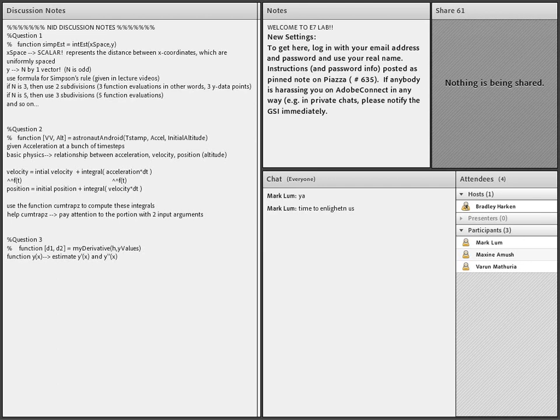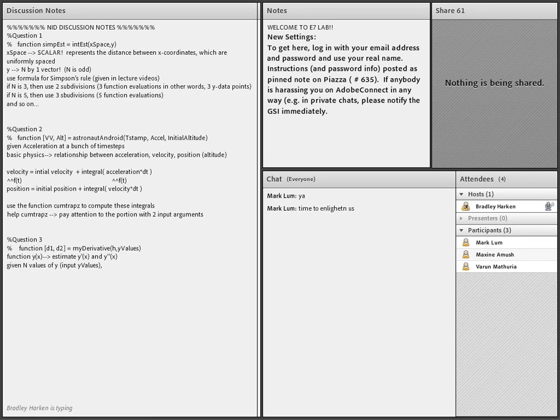Now, what we are given is n values of y. So it's not like we're being given a function handle or anything like that. We are given y data points, and those are in the input argument y values.